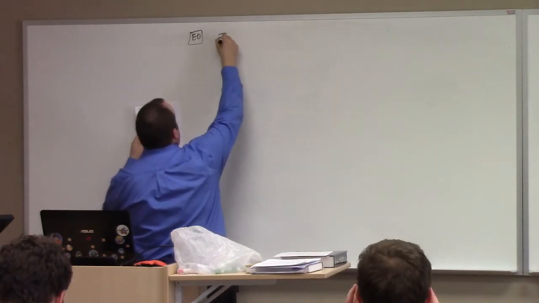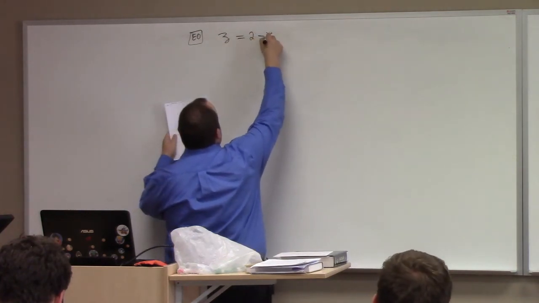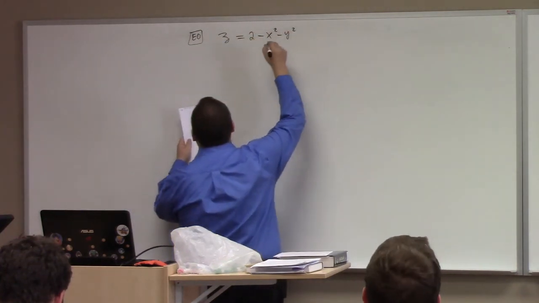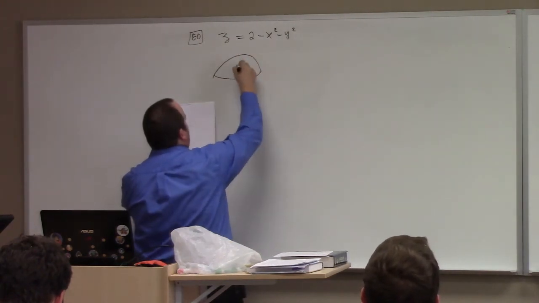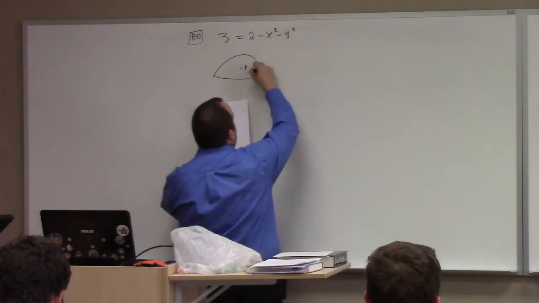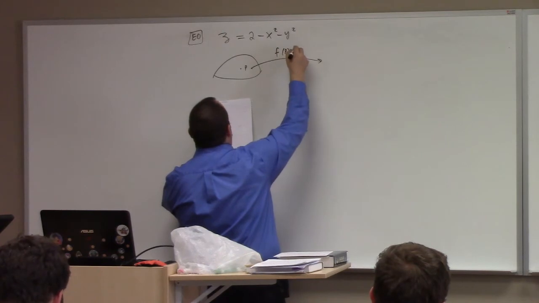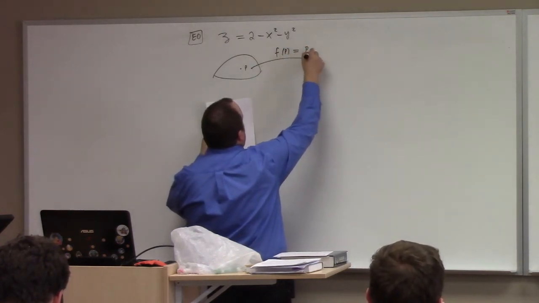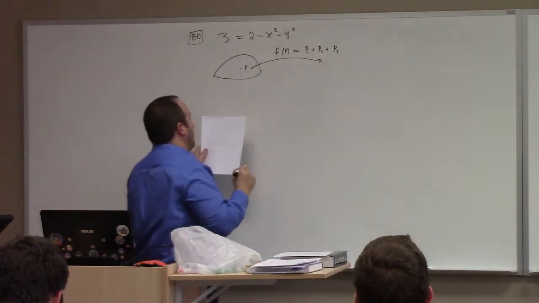So let's look at the manifold, which is just the graph z equals 2 minus x squared minus y squared. And so, of course, that's one of these guys, right? So I pick my point P, and I'm going to let my real valued function f of P be kind of boring. It's going to be P1 plus P2 plus P3.